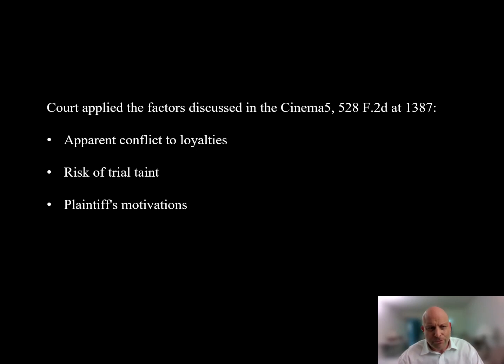The court applied the Cinema 5 factors: apparent conflict of loyalties, risk of trial taint, and plaintiff's motivations in making the motion to disqualify, which we already discussed. Those are the factors considered. So basically the court concluded that there's a big stink here.